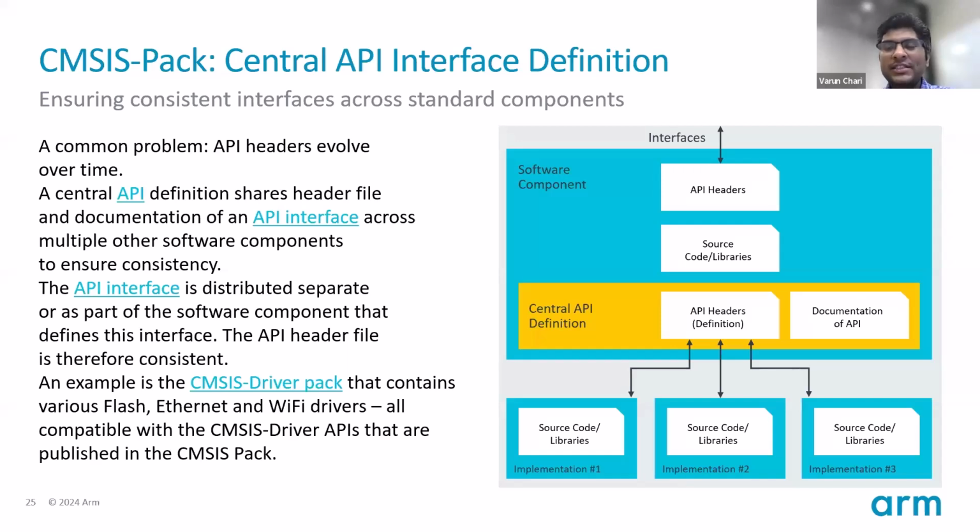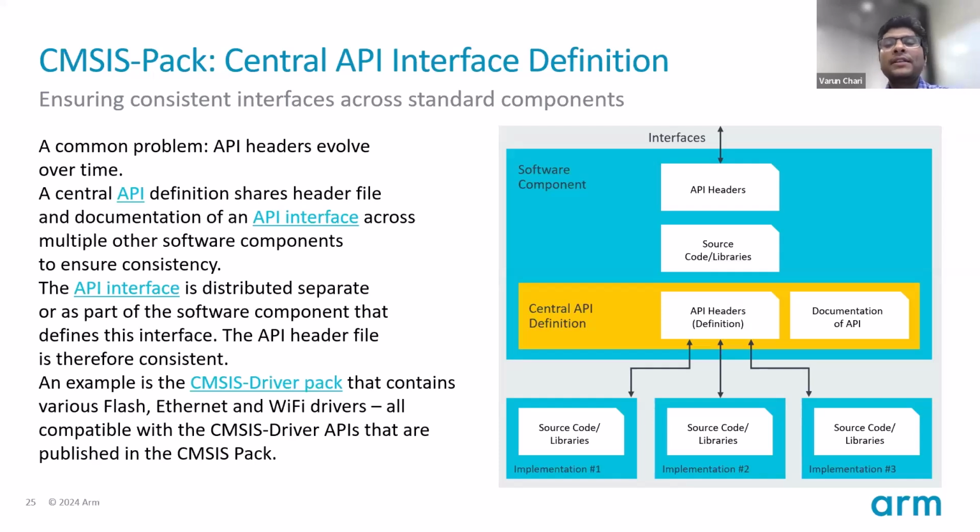Whichever the version changes, you just have to check the version and get that particular version pack if you are using it. A good example would be a CMSIS driver pack that contains various Flash, Ethernet, and Wi-Fi drivers. All are compatible with the standard CMSIS driver APIs.